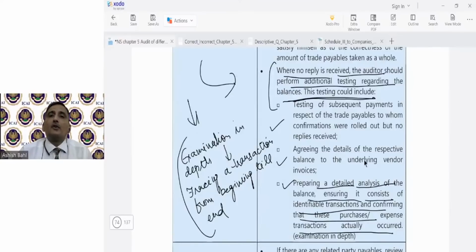And you would also like to trace the transaction from the beginning till the end to gain comfort, to gain assurance that the purchase transactions out of which this trade payable balance has been created are in fact genuine. You would be gaining comfort about it.